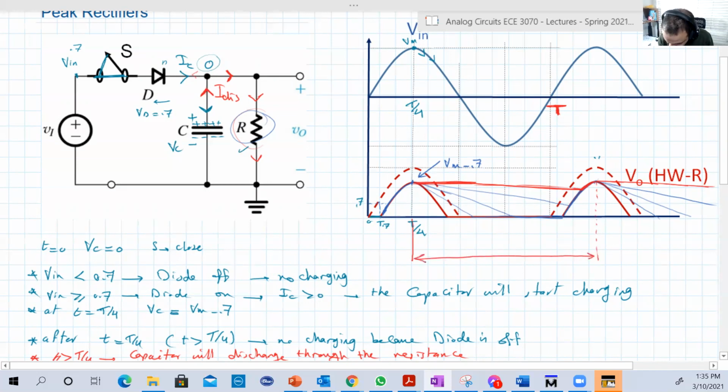So let's now quantify these values. This distance in time, remember, this is T over 4, and this is T plus T over 4. So this distance is just T. This distance, let's call it T dash. And clear here, T dash is less than T. That's of course. Okay?